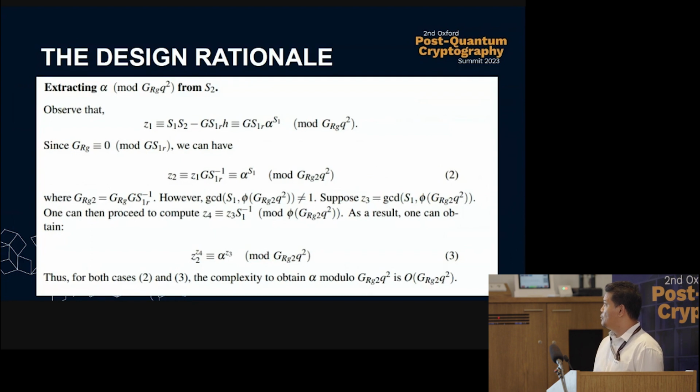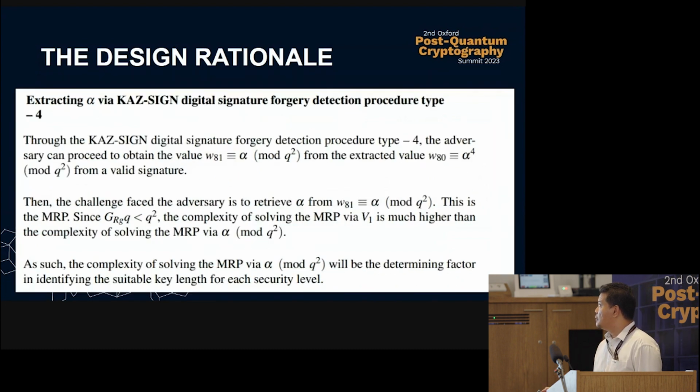Okay. What about if you try to extract alpha modulo rho Q square from S2? The algebra suggests that the complexity is O(rho2 Q square), where rho2 is rho divided by S1 R. Okay.